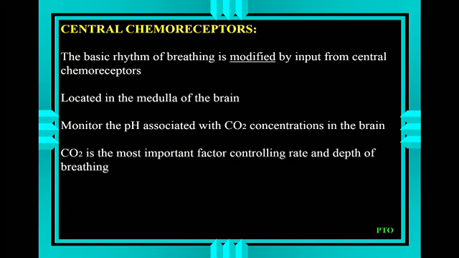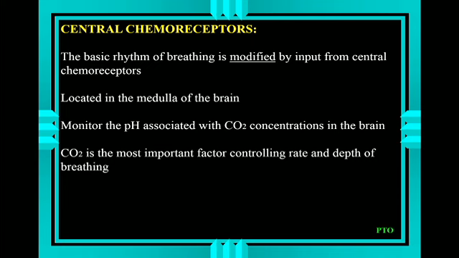Let's look at those chemoreceptors in more detail. By far the most important chemoreceptors you and I have in our body are the central ones. So, remember, the central chemoreceptors are not making you breathe. The respiratory centres make you breathe. The central chemoreceptors modify your breathing when required, when you're not achieving your set point.